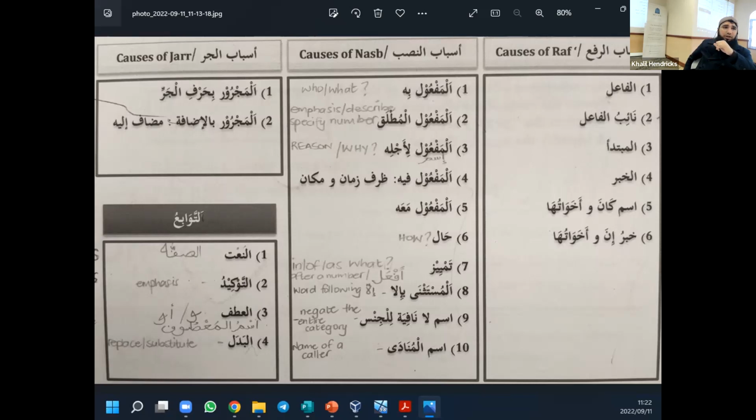Atf, a ma'atuf, is when you add something to another thing. If I say, al-kitabu wal-qalamu wal-qirtasu على الطاولة. الكتاب is in which حال? رفع. Why? It's a مبتدأ. And kitab is the first one. قلم, which حال? رفع as well.